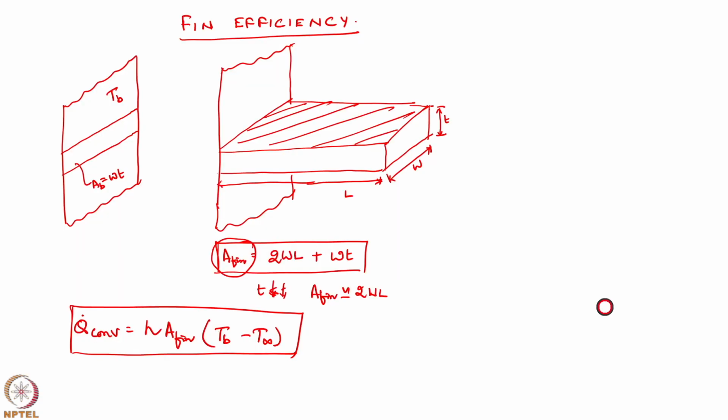The efficiency of the fin is equal to Q fin divided by Q fin maximum. For example, take the efficiency of an infinitely long fin, equal to Q fin divided by Q fin maximum.